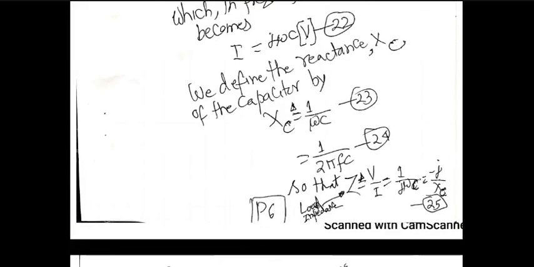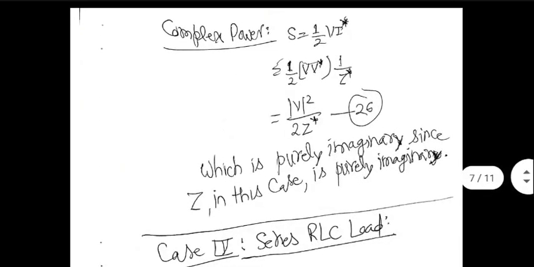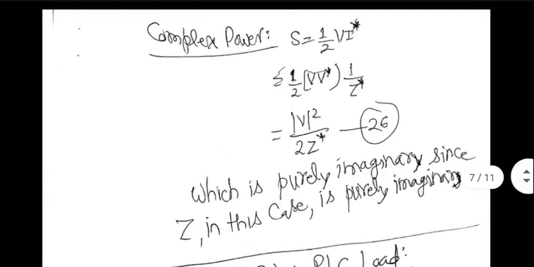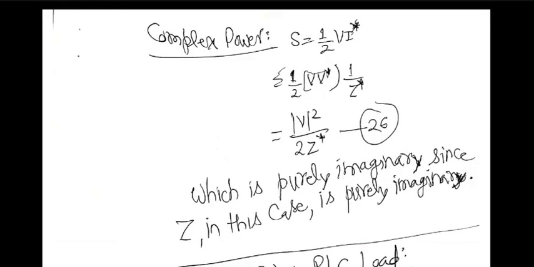It's a purely imaginary number in this case also, but with a minus sign. Complex power in this case can be written like we did for the inductor. Same formula as before, but now Z is negative j something. However, complex power would again be purely imaginary. That means no consumption of power would occur in a purely capacitive circuit also.